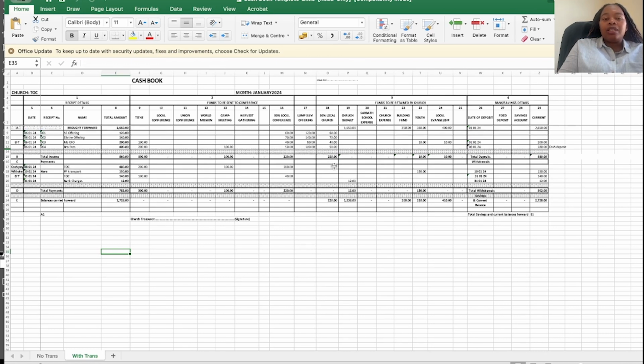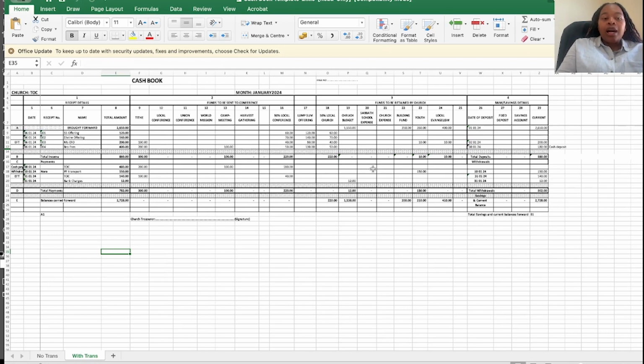For instance, it is 70 rand 15 cents and you don't have the 5 cents because we don't have 5 cents anymore. So you will make the local conference higher one month, and then the other month you will make the local church higher. So we must try and balance it. We mustn't always give it to the local conference and not give it to the local church when it's not balancing like that. All right.